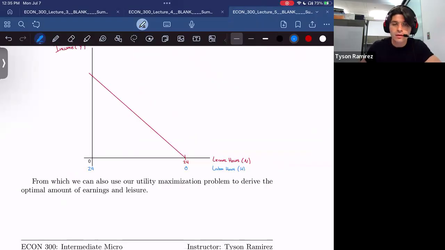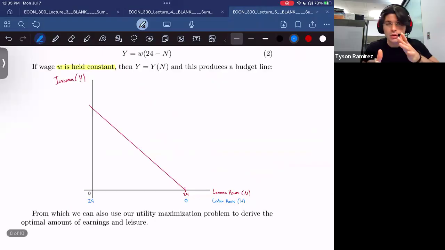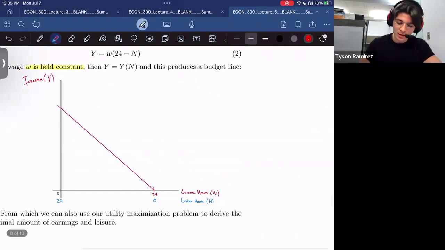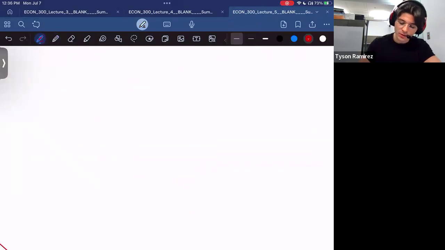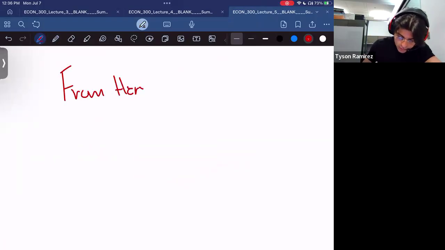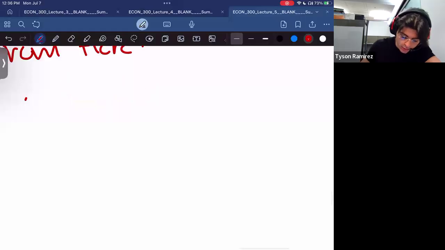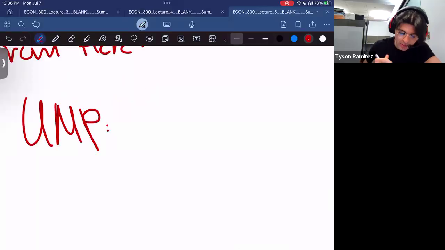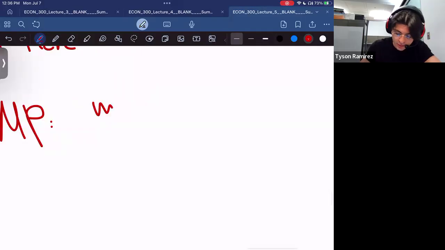All right. And then from here, now we have a budget line, and then we could put this into our framework for the consumer. We're not going to do a mathematical example here, but I just want to say that from here, the consumer would solve their utility maximization problem by choosing the max hours of labor or leisure, whatever have you.